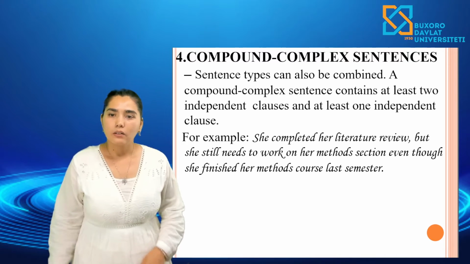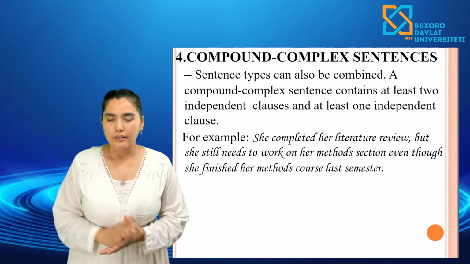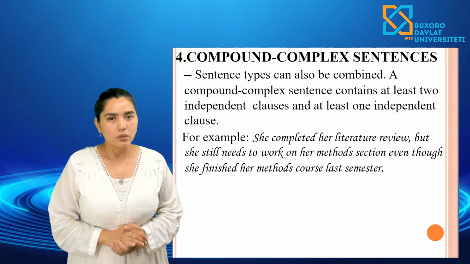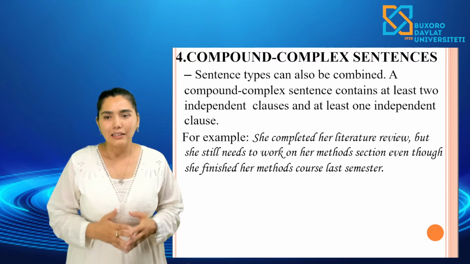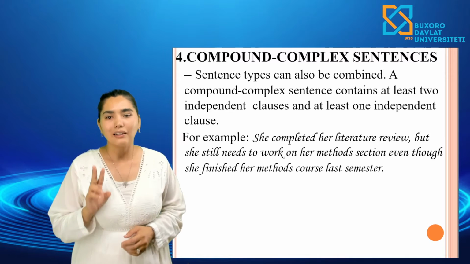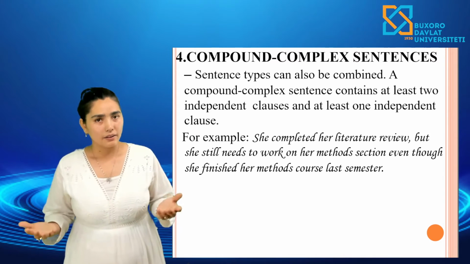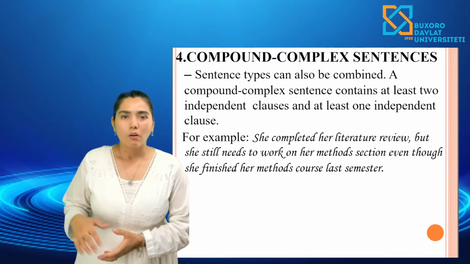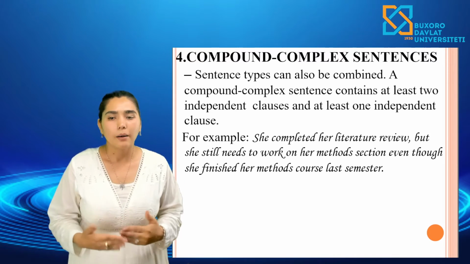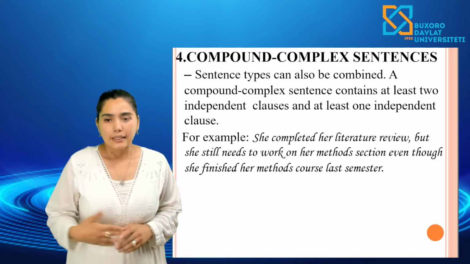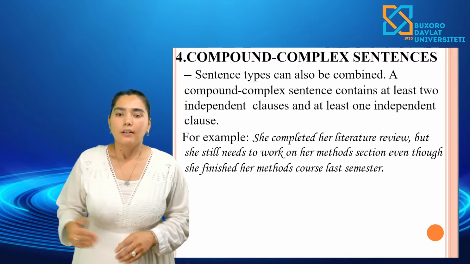Okay, let's look at compound-complex sentences. These sentence types can also be combined. A compound-complex sentence contains at least 2 independent clauses and at least 1 dependent clause. As you see, it's all getting complicated, one by one. Let me show you an example.